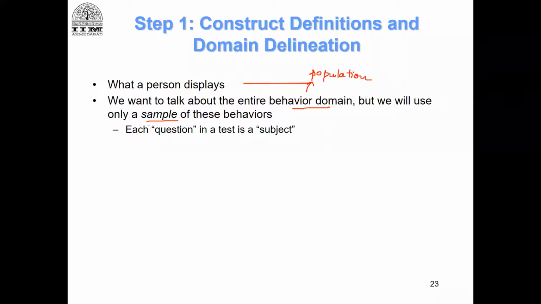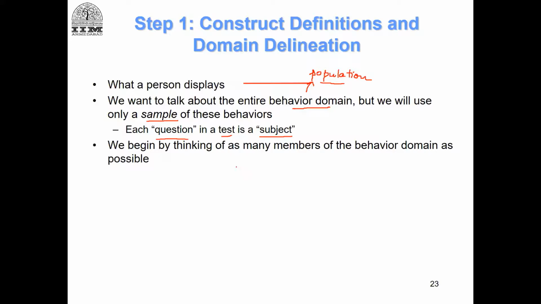And we use a sample of these behaviors, and each question in a test becomes our subject. So each item that you are going to put in your measure, in your instrument, is a subject that has been picked from this population. So it's like a population, and then you are picking out certain members. And we begin by thinking of as many members of the behavior domain as possible.